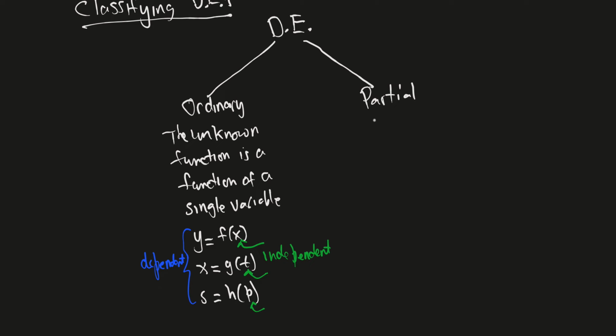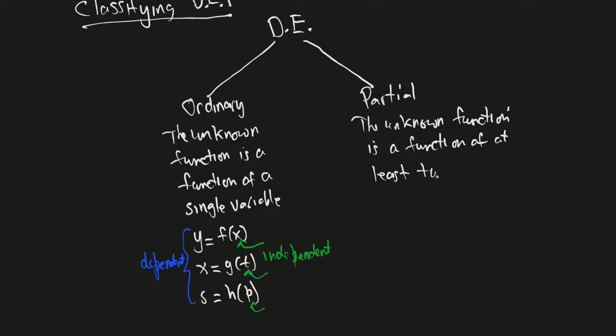So when you learn about partial differential equations and how to solve them, the unknown function that you're solving for is a function of at least two independent variables.